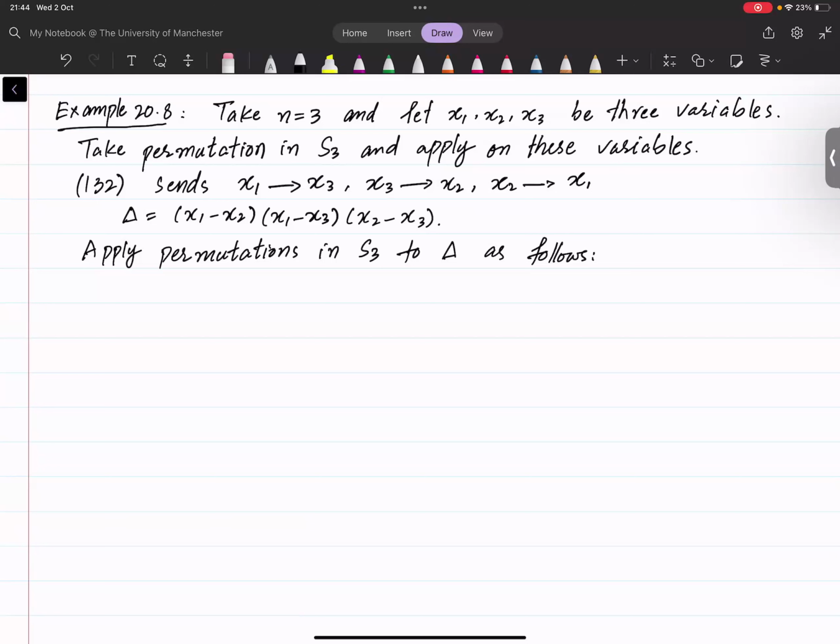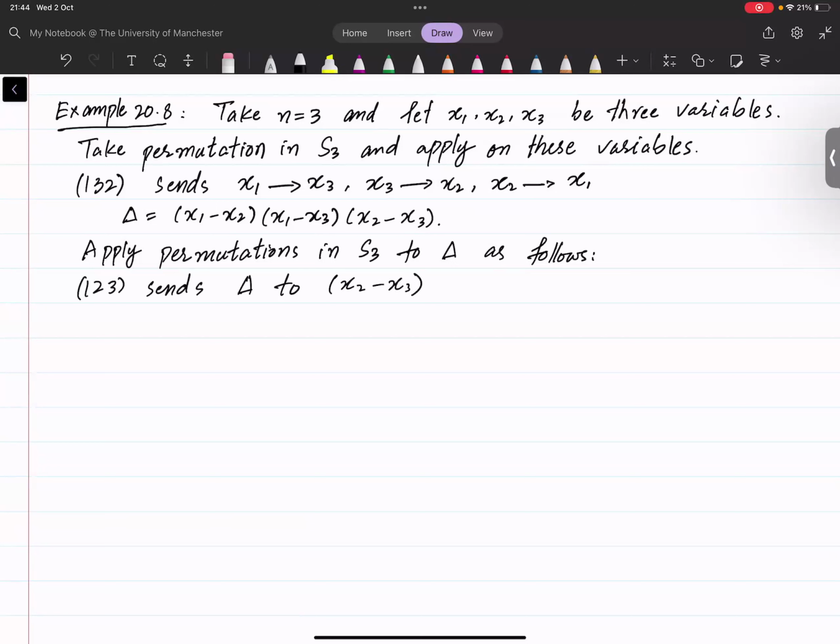So that is, (1, 2, 3) sends delta to, as you can see, we have x1 minus x2. So 1 goes to 2, and then 2 goes to 3.